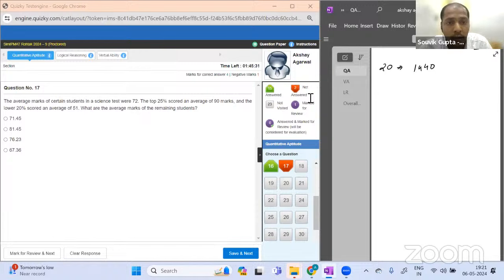From that, the top 25%, that is 5 students, scored 90, so 90 into 5, 450, we subtract. And the lower 20%, so 20% is 4 students, 4 students scored 51, that is 204, we subtract. So we are left with 11 students.